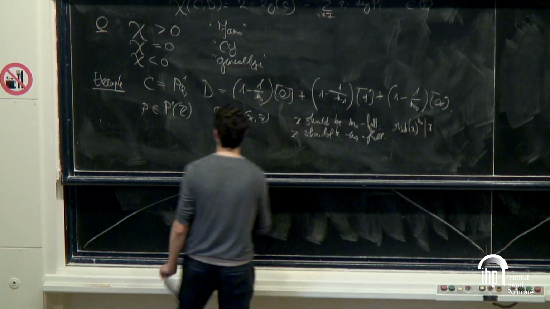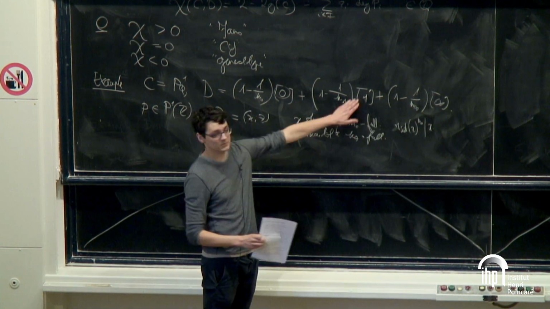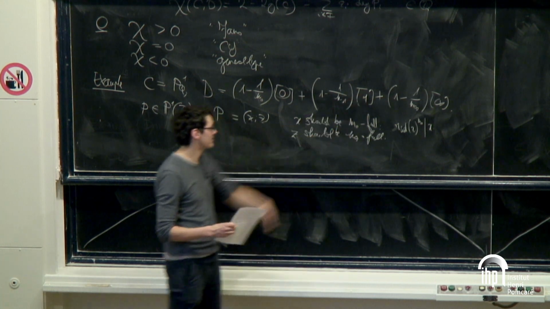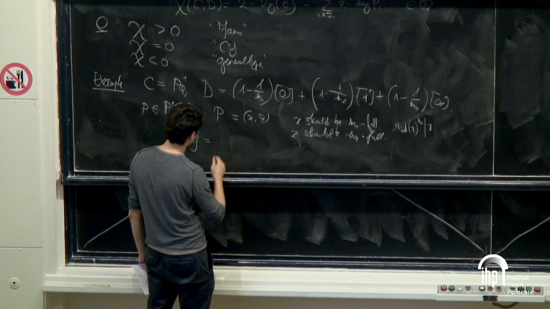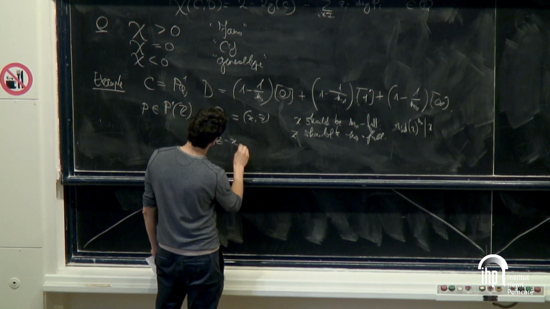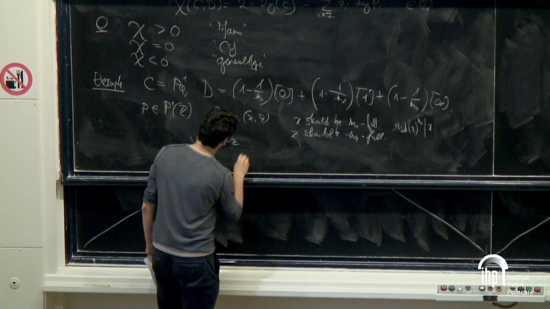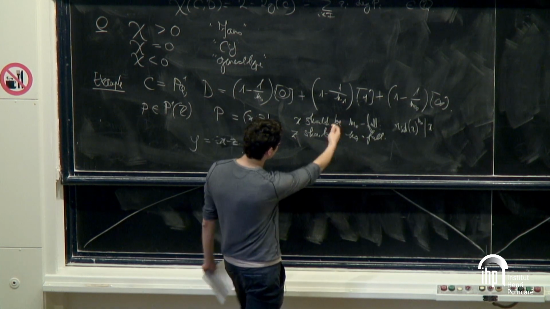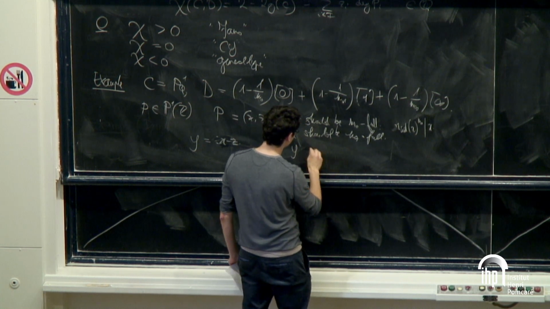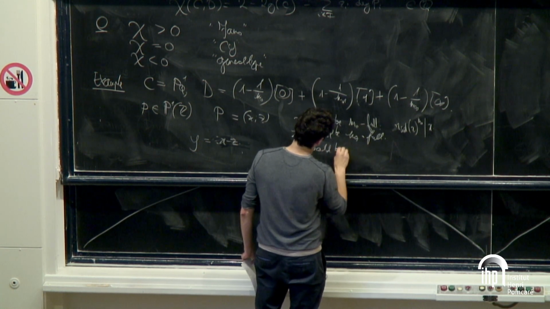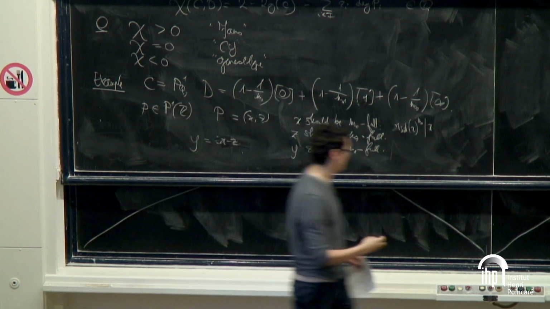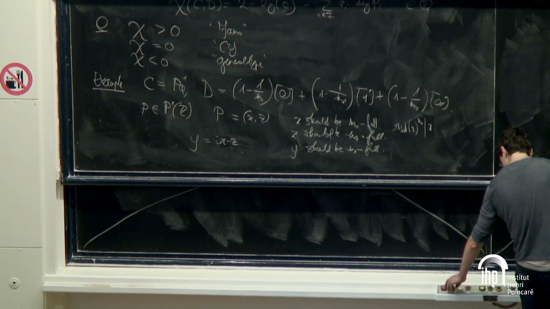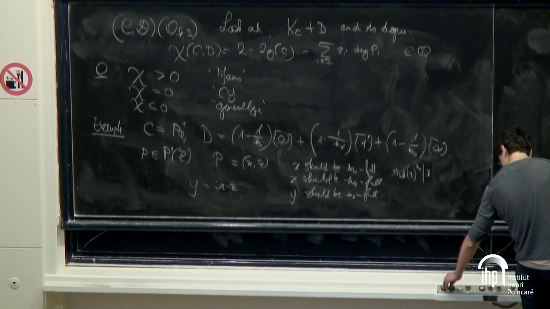Then we have to figure out what the condition with respect to the divisor supported at 1 means. Let's say that y is equal to z minus x, or x minus z, whatever. Then we see from the same description that y should be m_1-full.